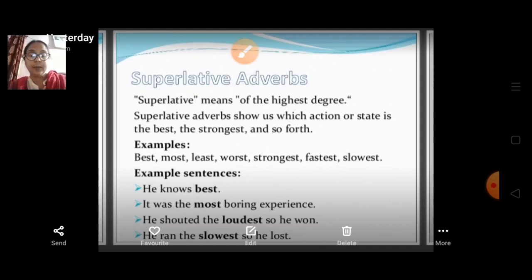Later becomes latest. Less becomes least. Better becomes best. More becomes most. That is how we can convert positive degree to comparative degree of adverbs and comparative degree to superlative degree of adverbs. So these are all degrees of comparison of adverbs.